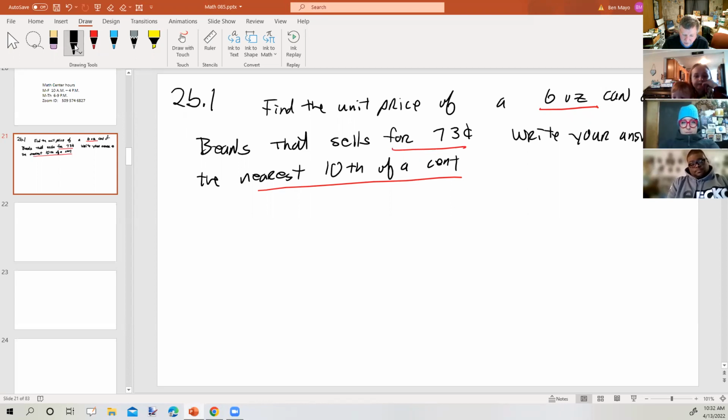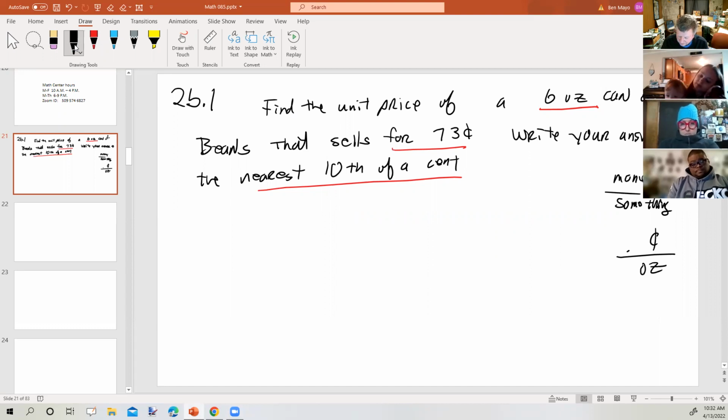So a unit price is going to be money per something. Write your answer to the nearest tenth of a cent. So it's going to be cents per ounce, because we've got a 6-ounce can, that's the weight of it. And the units of money are in cents, and we want it to the nearest tenth of a cent.